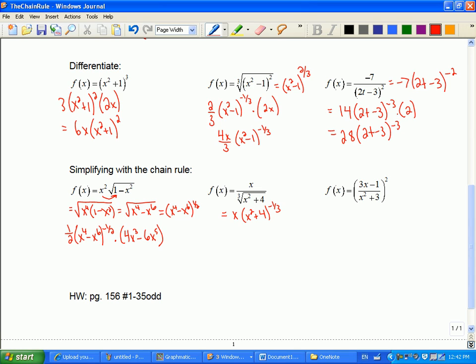It is also possible to move that x inside. However, I think we'll leave it here and try a product quotient rule combination. Okay, we'll see if you're up for it. So I'll give you just a couple minutes head start. See if you can do the combination of both product rule and chain rule here.